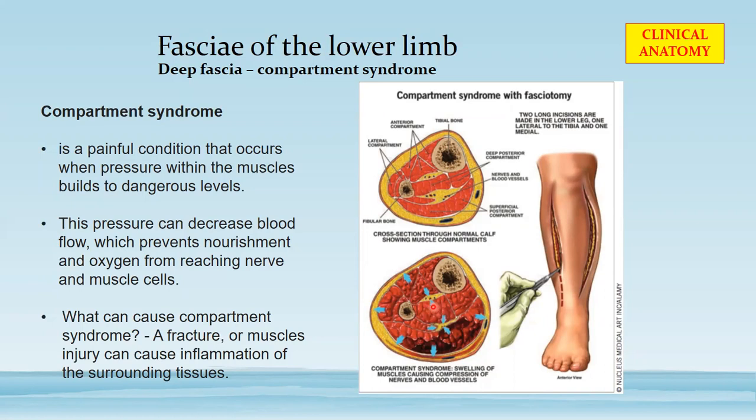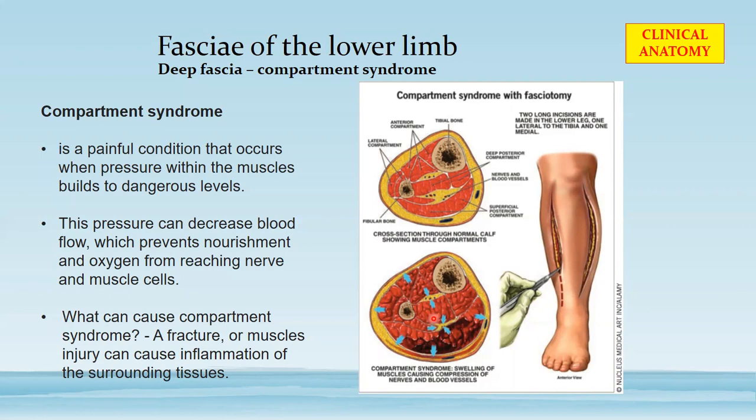So when the pressure within this compartment increases, what happens? It will compress the vessels that are located in between this compartment. So this will decrease the blood flow and prevent the nourishment and oxygen from reaching nerve and muscle in this particular compartment.